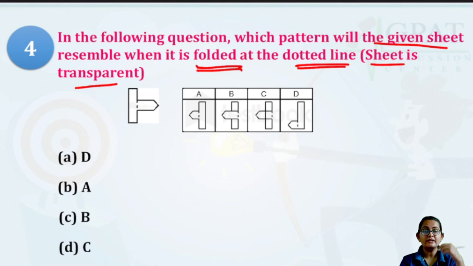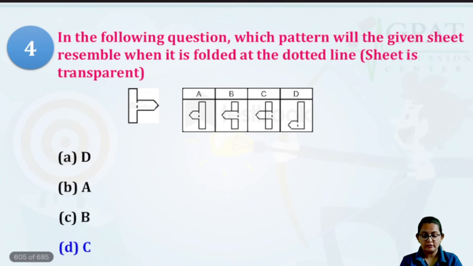If it is not transparent, then you would get B as the answer. But they are telling that the sheet is transparent. That's why C is the correct answer, because you can see through the folded sheet. The below sheet can also be visible, and the above folded sheet can also be visible. That's why C is the correct answer for this.